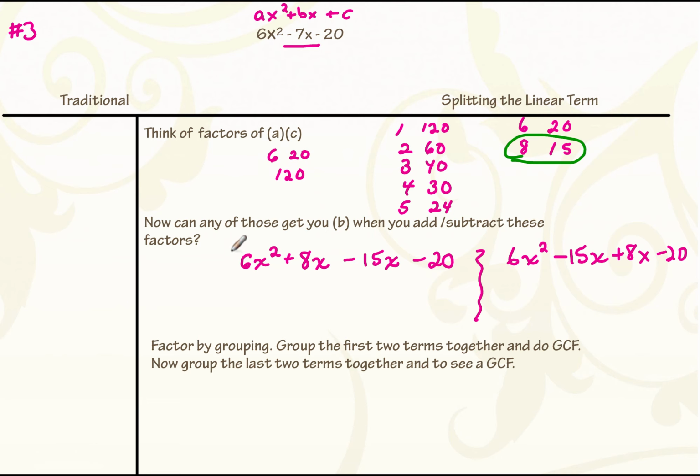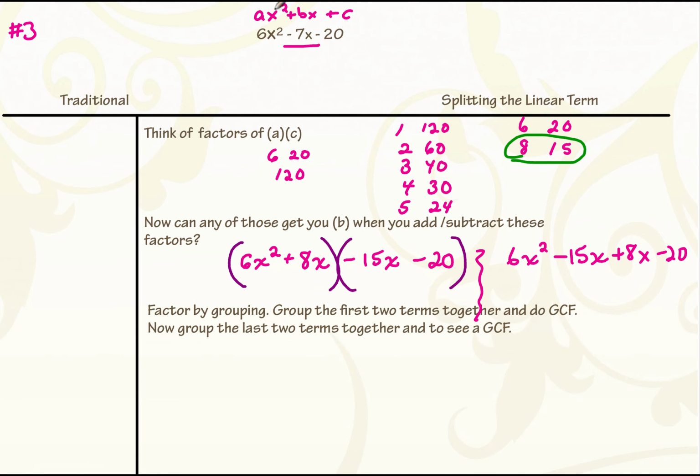All right, so now I'm going to group, and I'm going to group these two together and these two together, and let's do greatest common factor and see what happens. Between 6 and 8, the greatest common factor is 2. Between x squared and x, the greatest common factor is x. 3x plus 4.